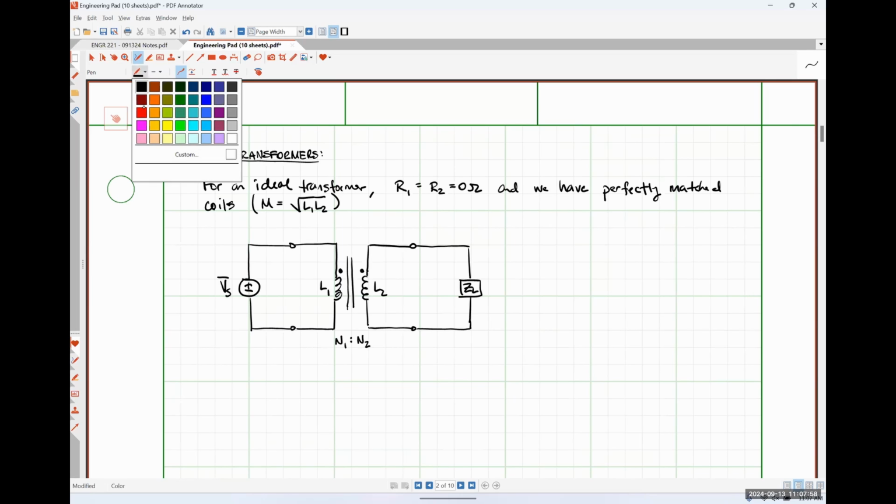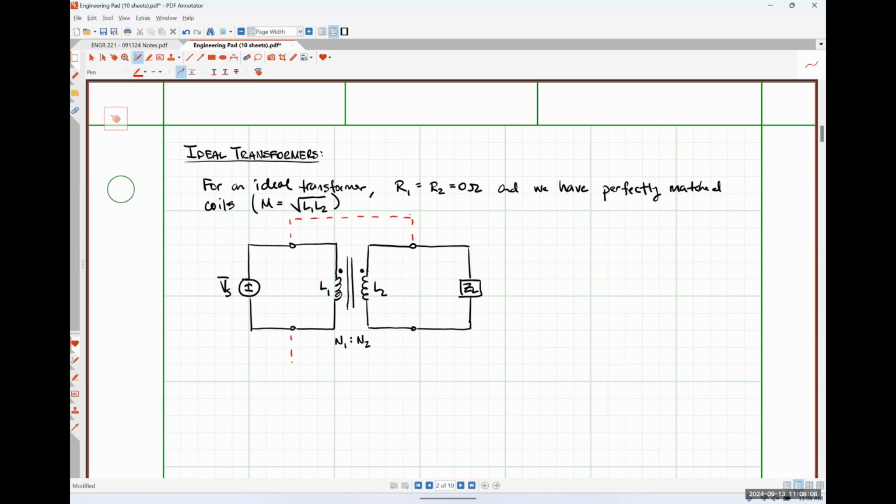So everything in this red box that I'm drawing right here is an ideal transformer. I'm going to define the voltage drop on my primary side as V1, and my primary current is going to be flowing into coil 1.